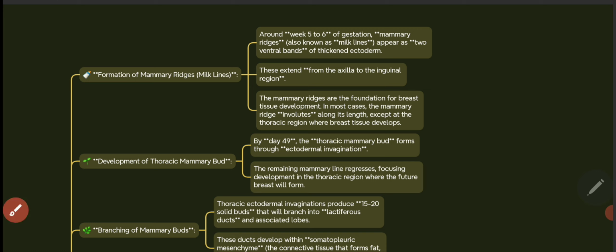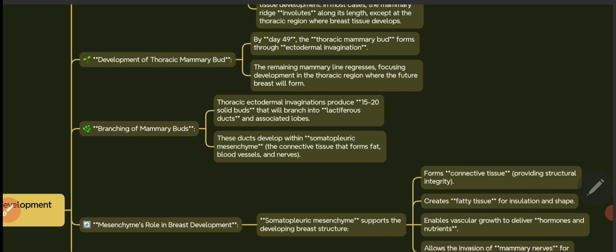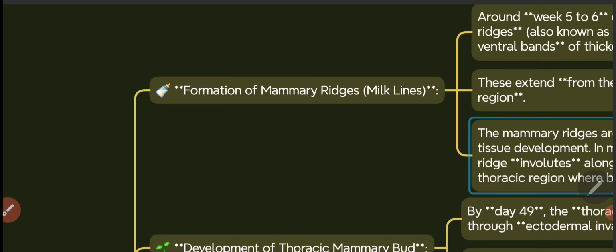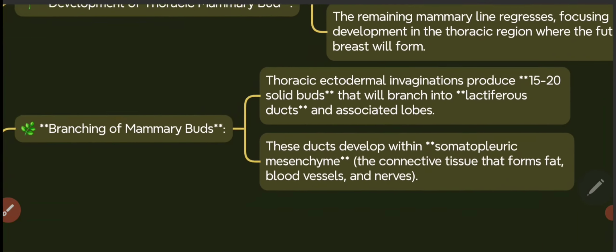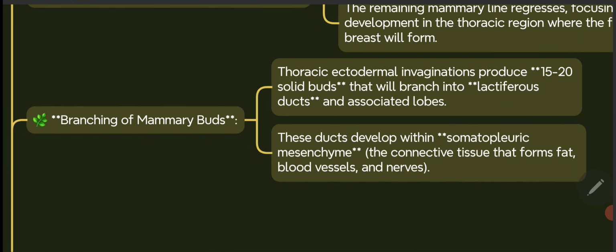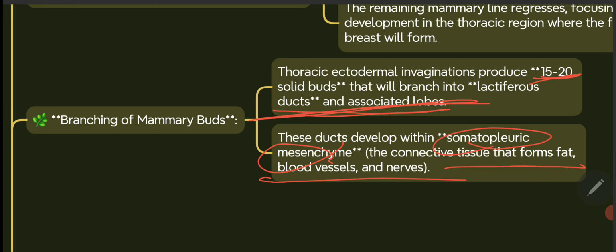Then the branching of the mammary buds. Ectodermal invagination produces 15 to 20 solid buds that will branch into lactiferous ducts. These ducts develop within the somatopleuric mesenchyme, the connective tissue that forms fat, blood vessels and nerves.